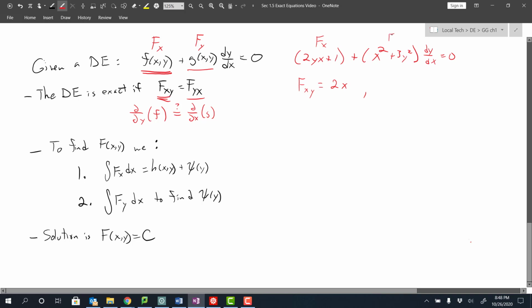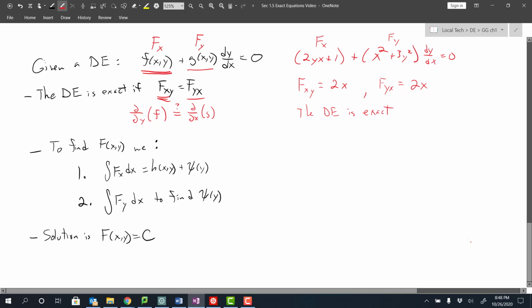Next, I would look at the next piece, which I'm hoping is the partial of F with respect to y. Taking the derivative of that with respect to x would give me 2x as well. So here I can see that the differential equation is exact because the mixed partials are equal to each other.